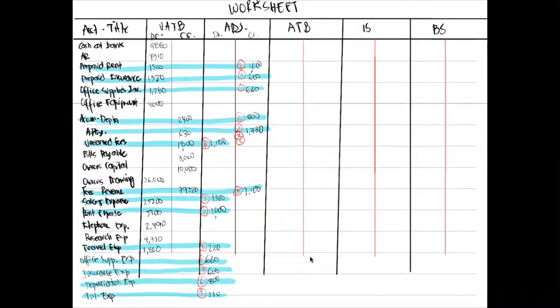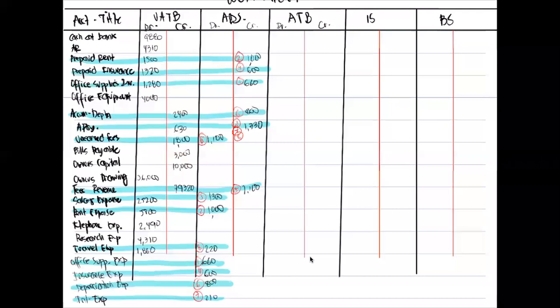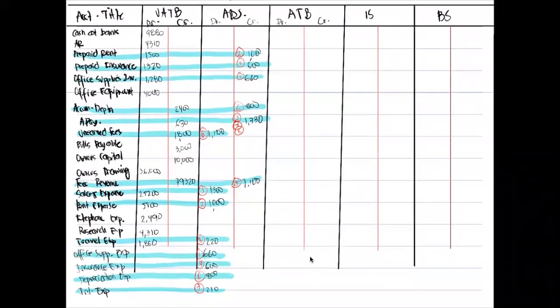Okay. Next, we have your adjusted trial balance. We will make now your adjusted trial balance. So we have here debit and credit. So how do we make your adjusted trial balance? We just post from your unadjusted trial balance the adjustments. So cash at bank, may adjustment ba? Wala. So this is still 9,880.